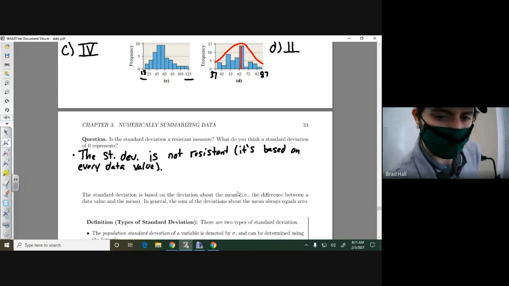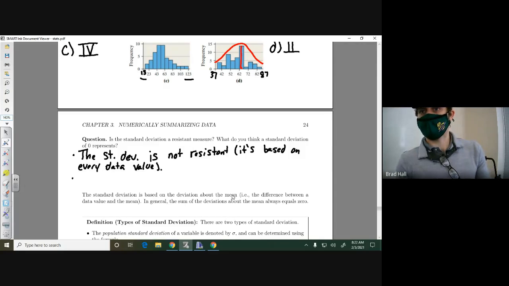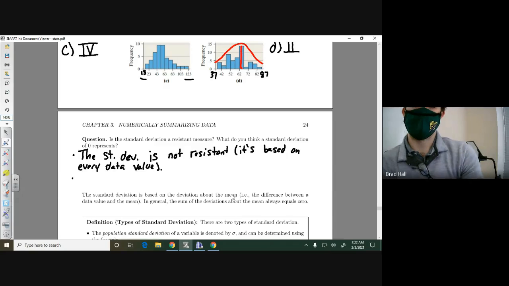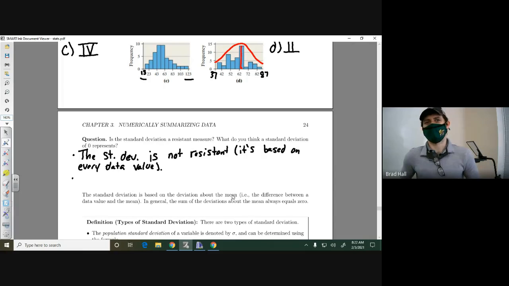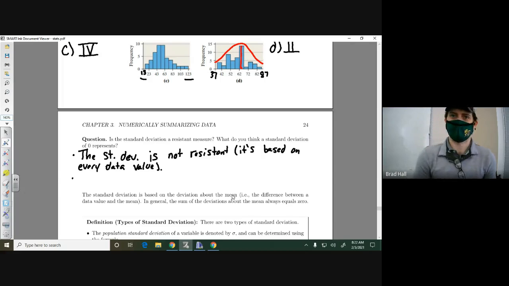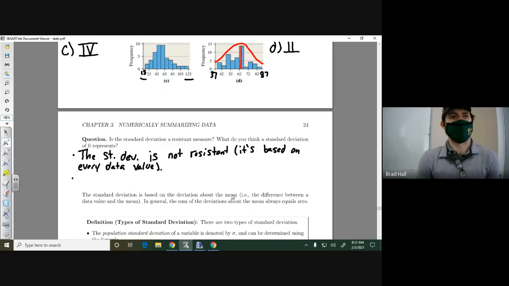Okay, that's one question. What do you think a standard deviation of 0 represents? Just trying to think about that one. Standard deviation of 0. Wouldn't that just be the mean if it was 0? Actually, yes.